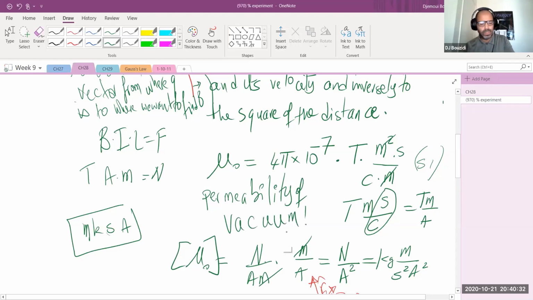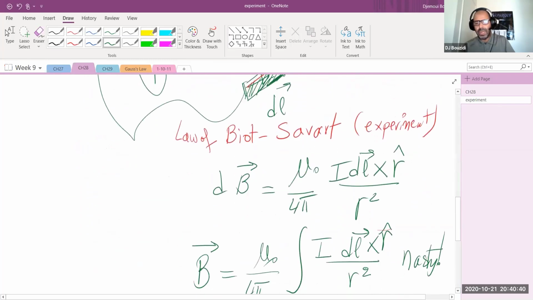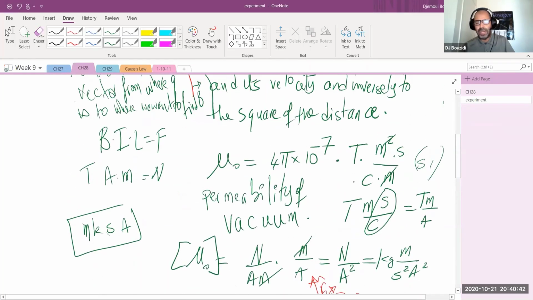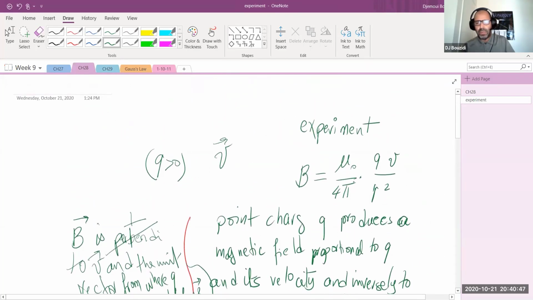Here again, it tells you how much magnetic field you can have in a region depends on the properties of the medium itself.